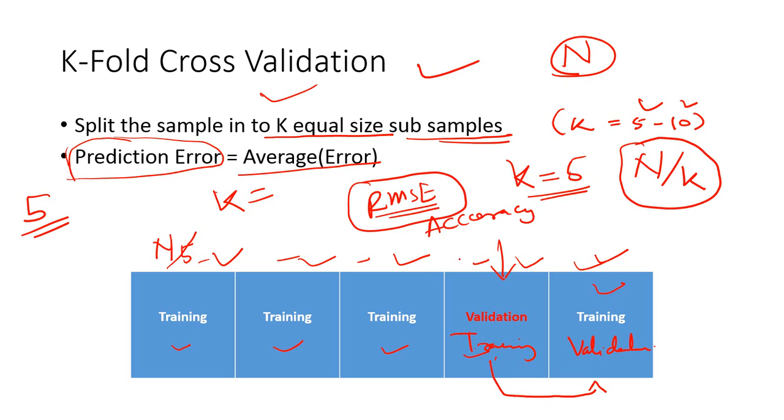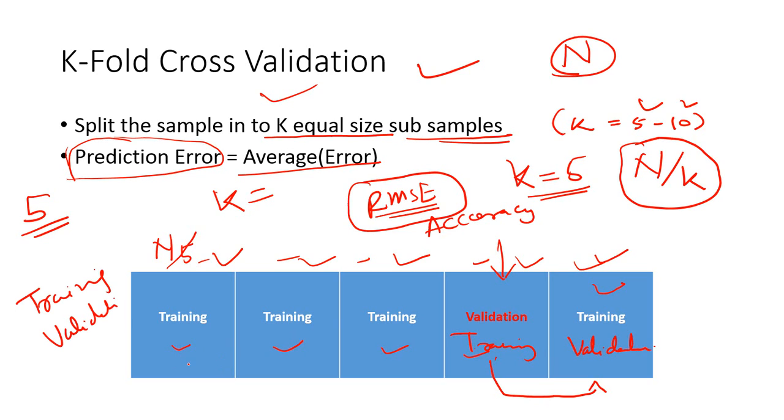So that's the criteria for holdout cross validation. Whereas here in this case, the validation subsample is actually changing. So every data point would be part of training sample and part of validation sample, right?